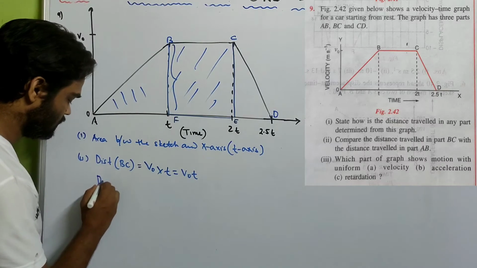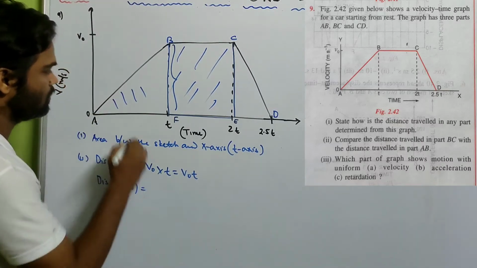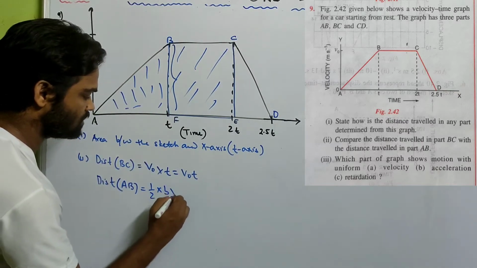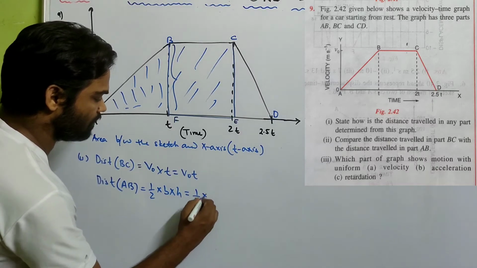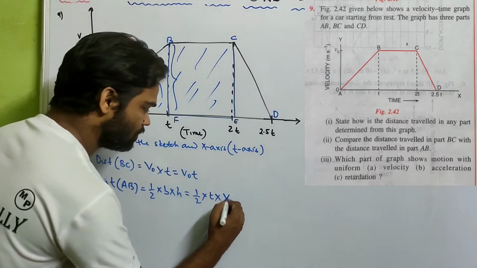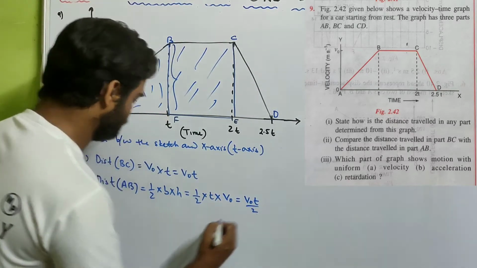Now the distance for part AB. This is the area which is half into base into height. Half into base, which is t, and height is V0 again. So that's V0t by 2.